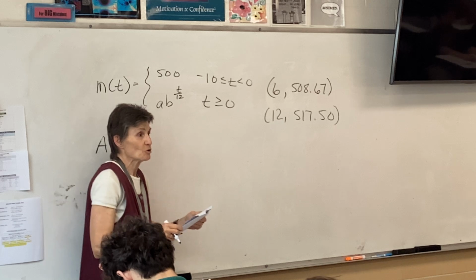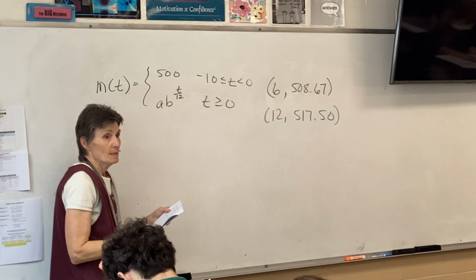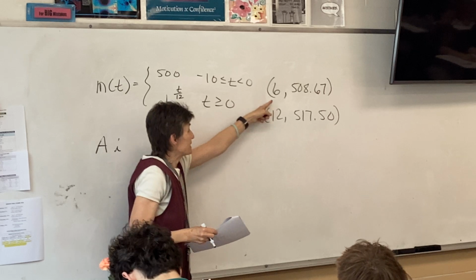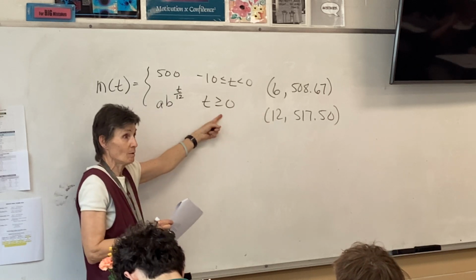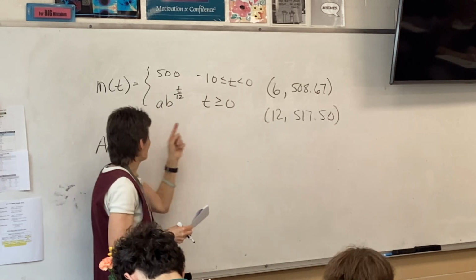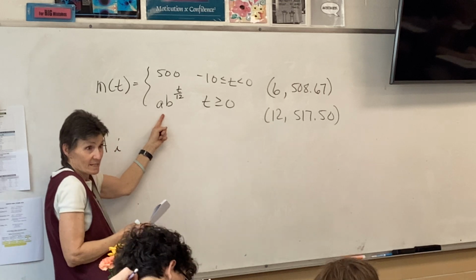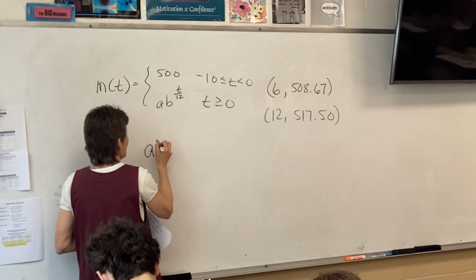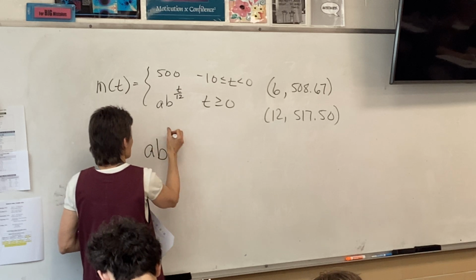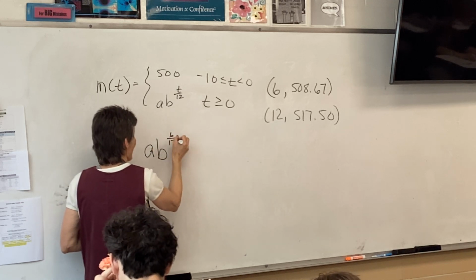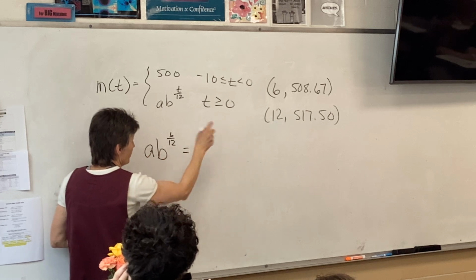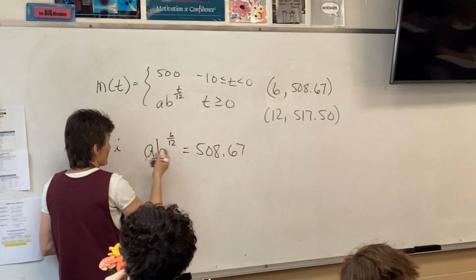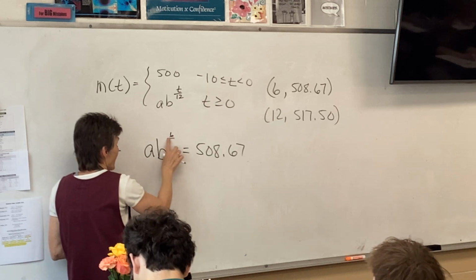Do you all agree that's your given data? Now notice that for both of those, the t value is bigger than 0. So therefore, we will be using this line of the piecewise function. So a times b to the 6 over 12 equals 508.67. Is it okay if I just make this 1/2?